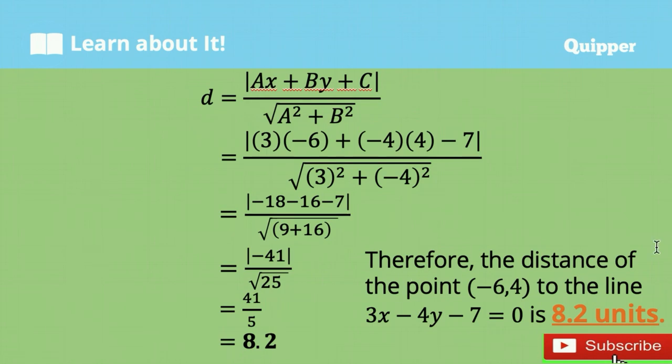Therefore, the distance of point (-6, 4) to the line 3x minus 4y minus 7 is equal to 0 is 8.2 units. So that's the distance of a point to a line.